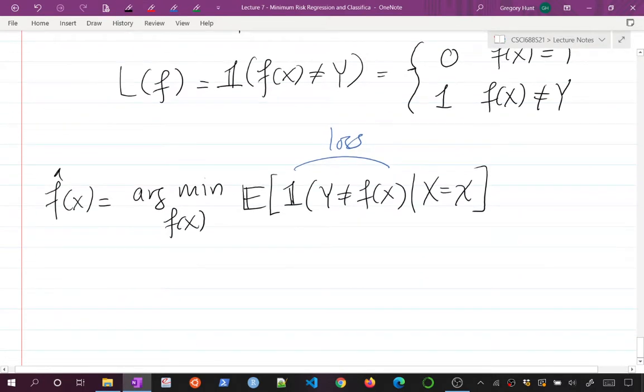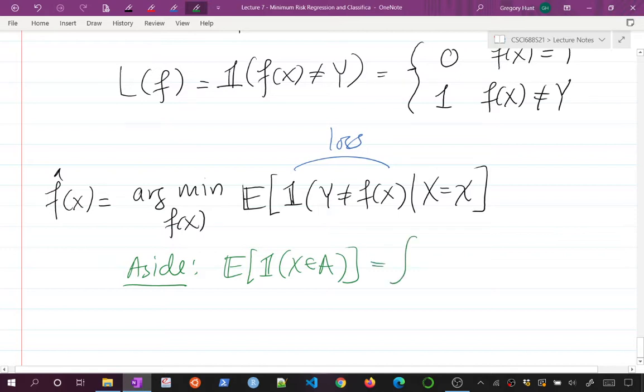And so the aside here is that the expected value of the indicator, let's say that x is in A, something like that. What is that?